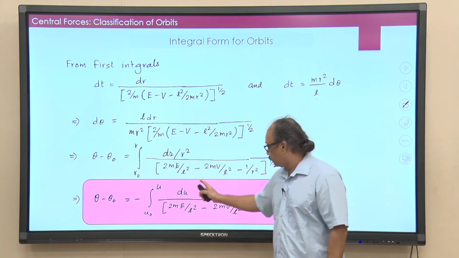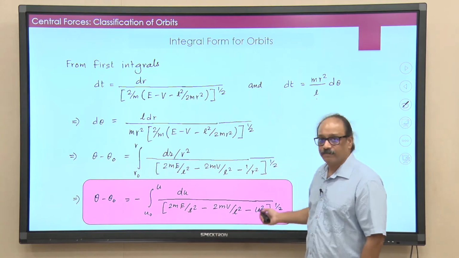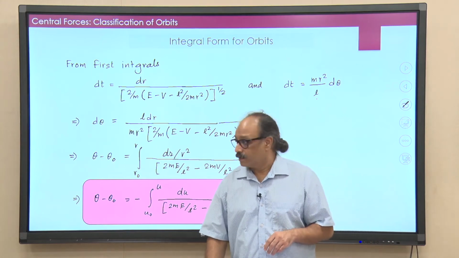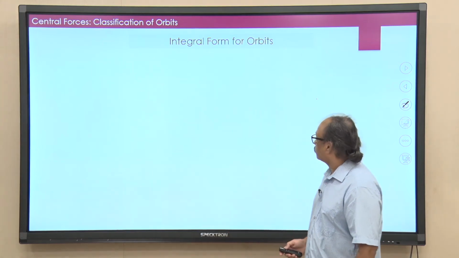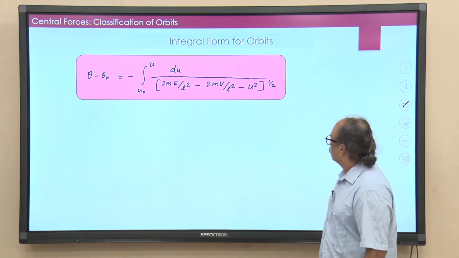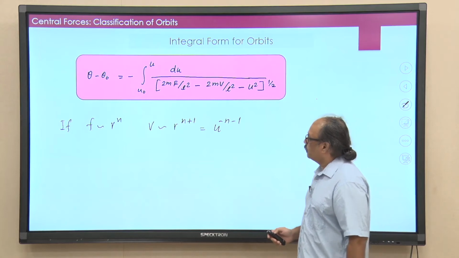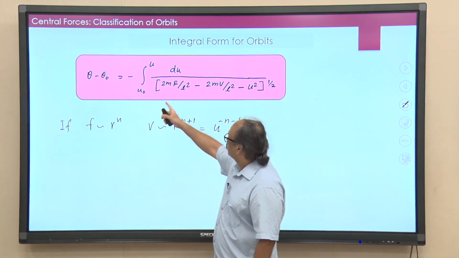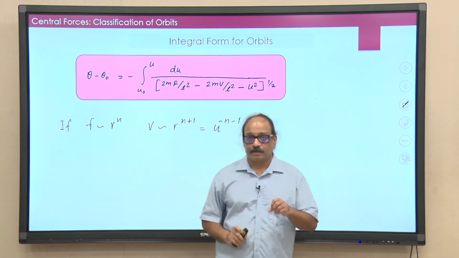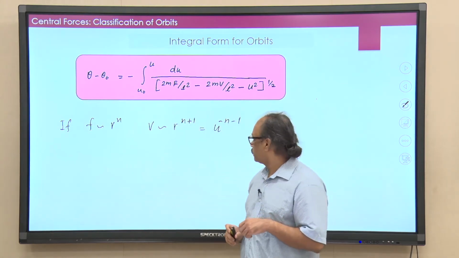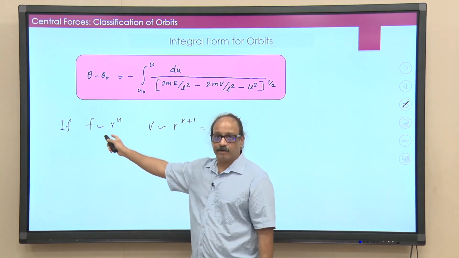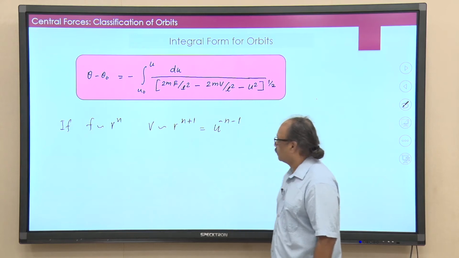Everything in the integrand is known. We in principle should be able to integrate this. Okay. So, this is the final form there. Now, if I look at a function which is of the form r to the power n, basically a power law. So, our inverse square law, harmonic oscillator, all these are included in this.